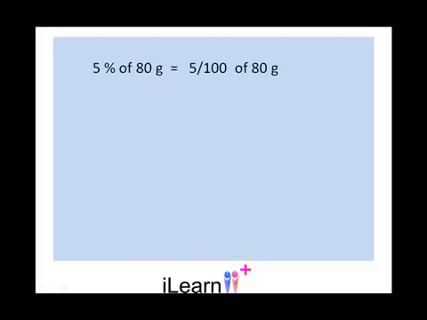Let's try another one. 5% of 80 grams. That's the same as 5 over 100 of 80 grams.